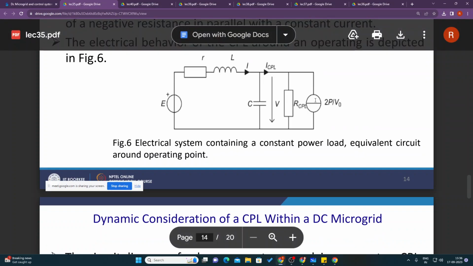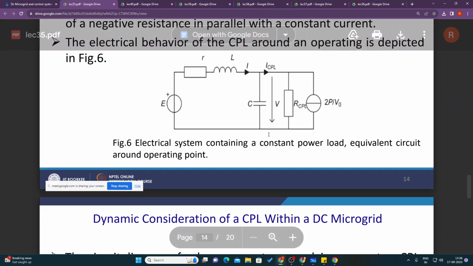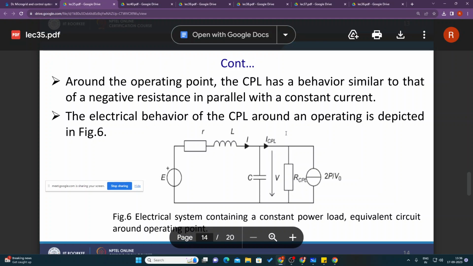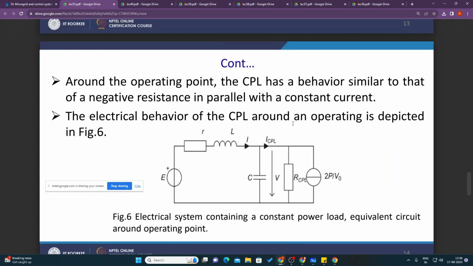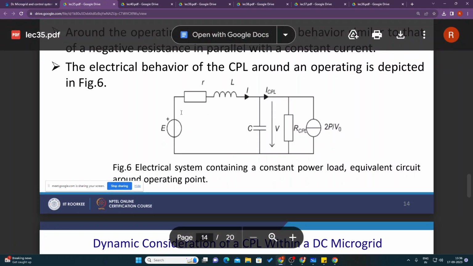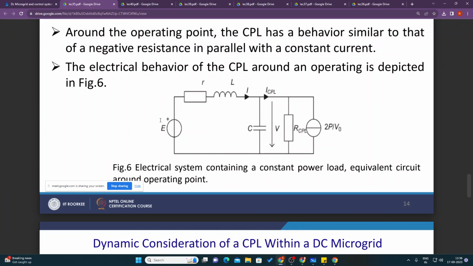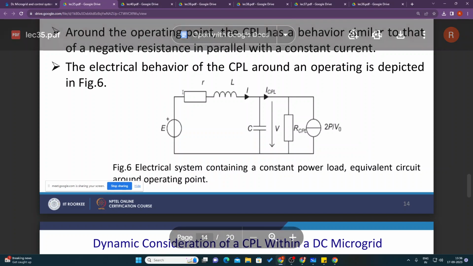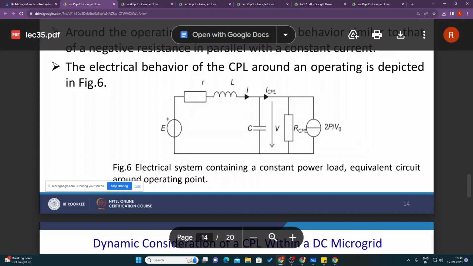Now it is considered with an electrical system. The last example that we took was with a boost converter. Here it's just showing an electrical system. So this is a voltage source, and you will obviously have an RLC network in between.